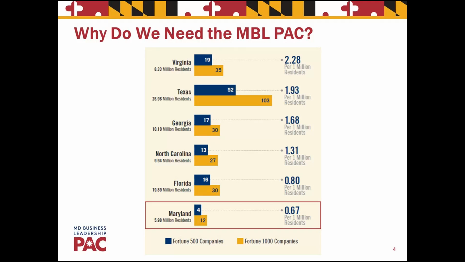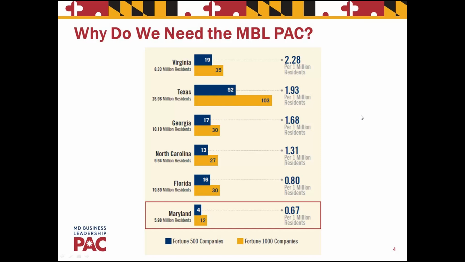In this case, with Fortune 500 companies, we only have 4 such companies in Maryland. Yet, if you look to Virginia, they've got 19. Now, let's look at the rate at which we create Fortune 500 companies and Virginia does. We have 0.67 Fortune 500 companies per million residents, but Virginia has 2.28 per million.